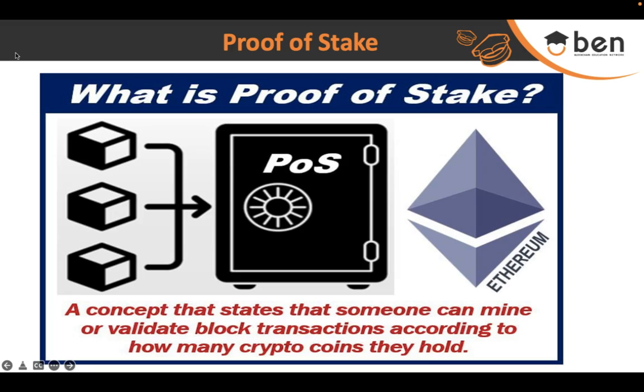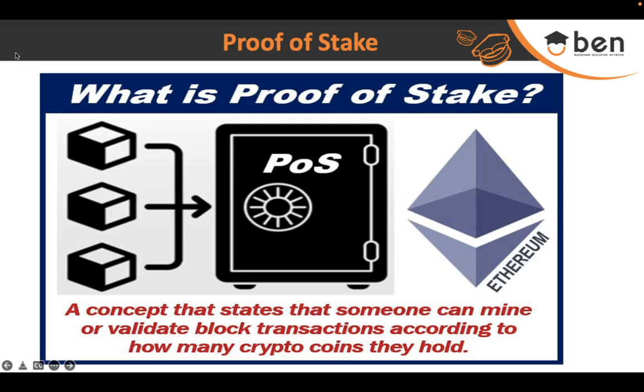As you can see in this picture, Ethereum has moved to the proof of stake protocol, and here anybody can validate the block transactions according to how many crypto coins they are holding. Definitely the people who are holding more cryptocurrency would be given more preference in staking.